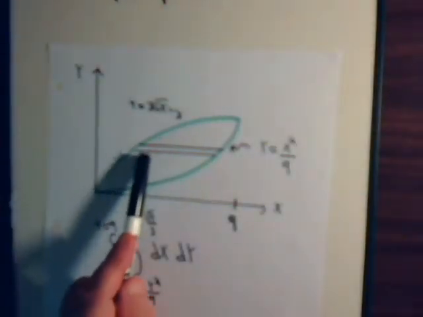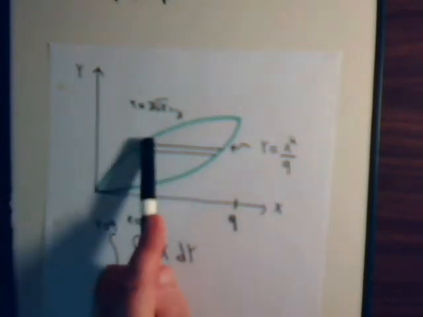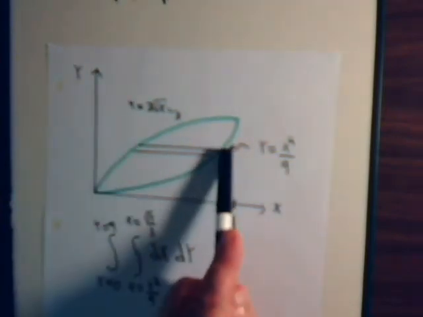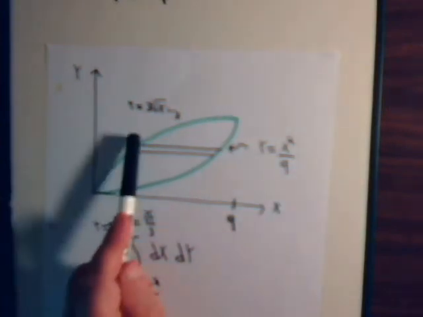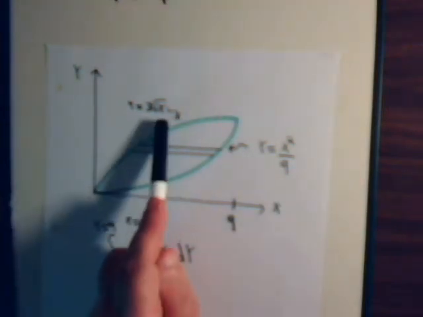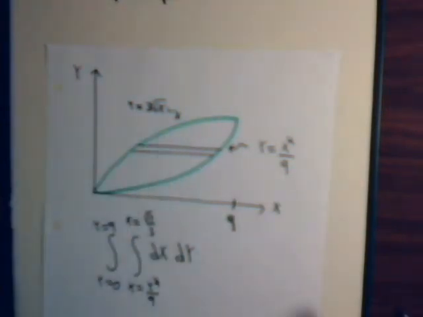The dy, of course, is just constant. Summing in the x direction means we're starting at this curve and going to this curve. At this curve, if we solve for x, x equals y squared over 9.